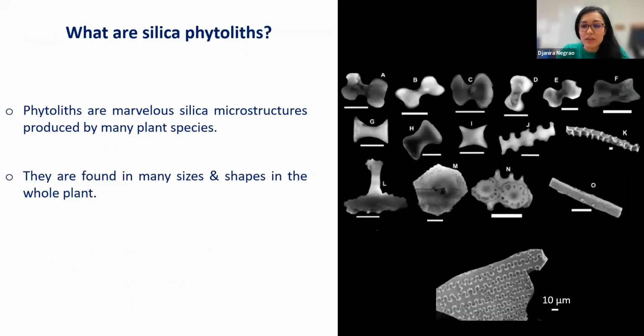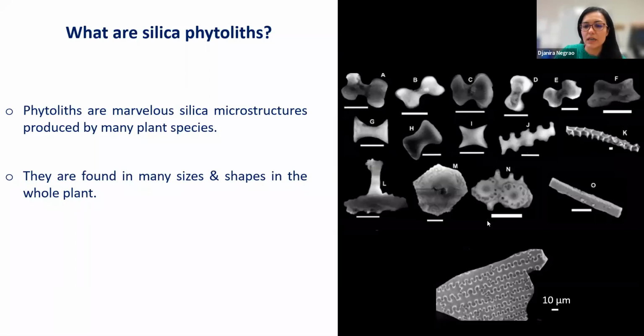So most of you, I'm not sure if you are familiar with phytoliths. Phytoliths are unique structures made by plants. They're very beautiful microstructures made of silica, for many plant species. They are found in many sizes and shapes.